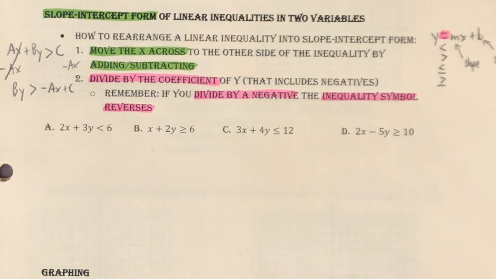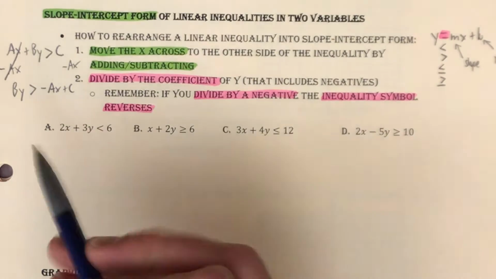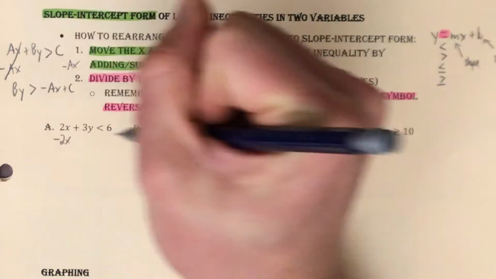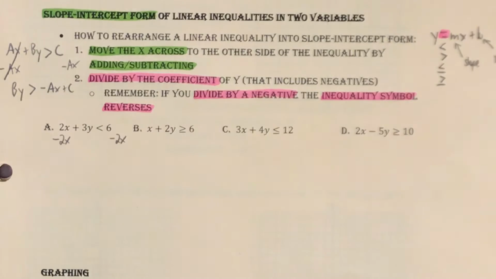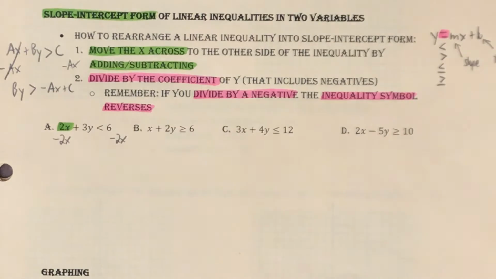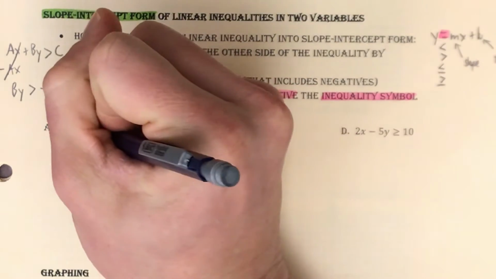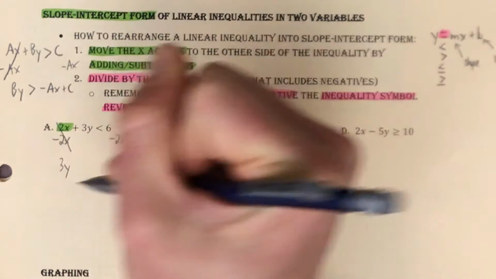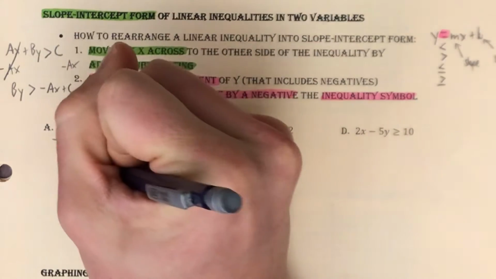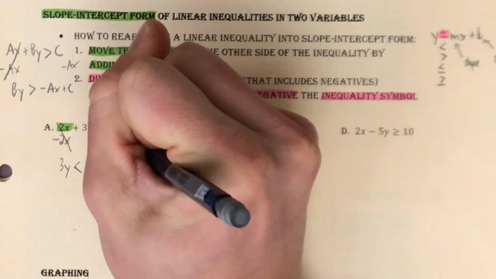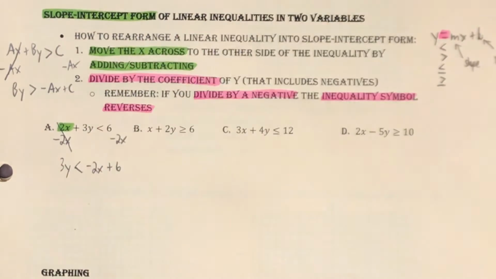My first step is to get the x off the same side as the y. Since it's a positive 2x, I subtract 2x from each side. 2x minus 2x is 0, so those cancel, and I'm left with 3y is less than, and we want the x first, so negative 2x, plus 6. This looks really familiar, right?